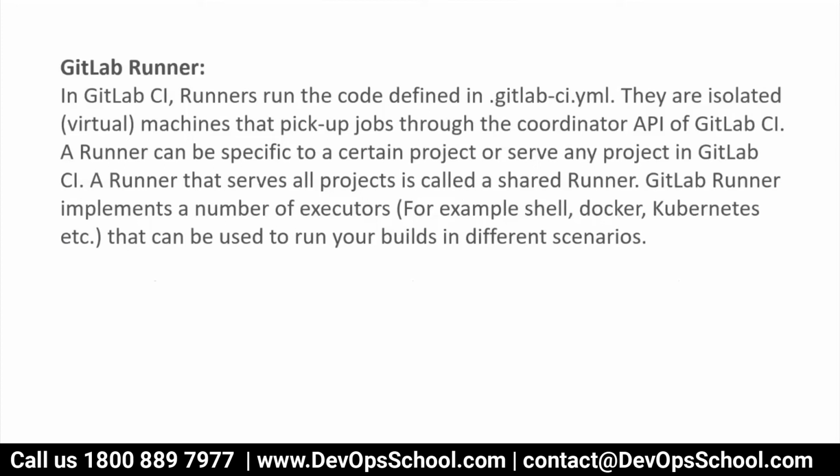They are isolated virtual machines or containers that pick up jobs through the coordinator API of GitLab CI. A runner can be specific to a certain project or serve any project in GitLab CI. A runner that serves all projects is called a shared runner. GitLab runner implements a number of executors, for example Shell, Docker, Kubernetes, and so on, which can be used to run your builds in different scenarios. Okay, so how to set up a runner? We'll do that today.